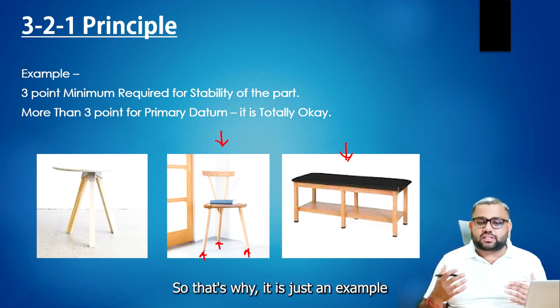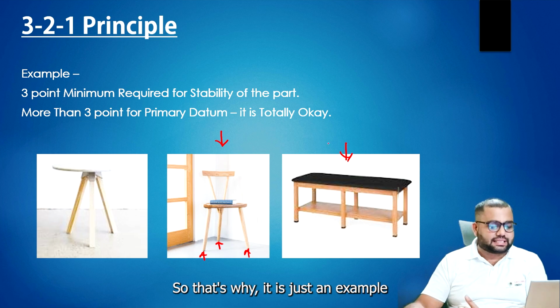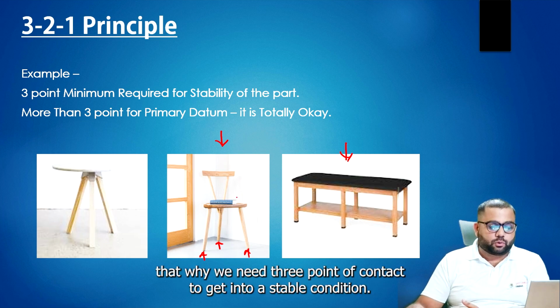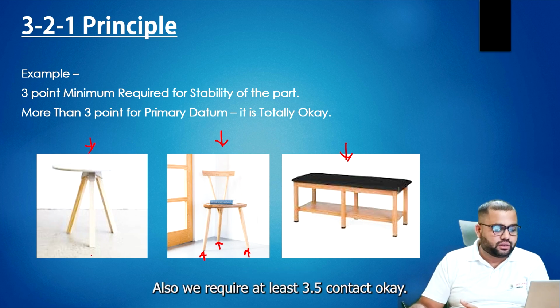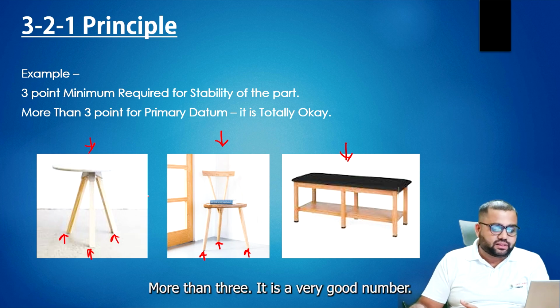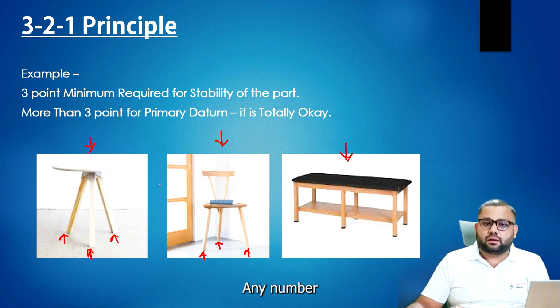It is just an example of why we need 3 points of contact to get into a stable condition. For a table also we require at least 3 points of contact. More than three is very good, any number that is touching.